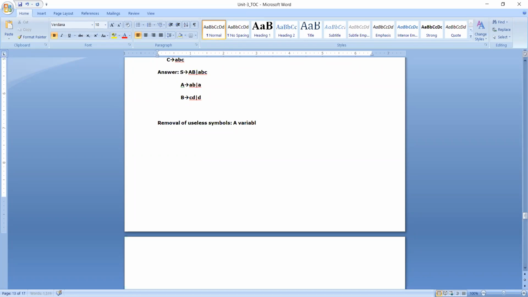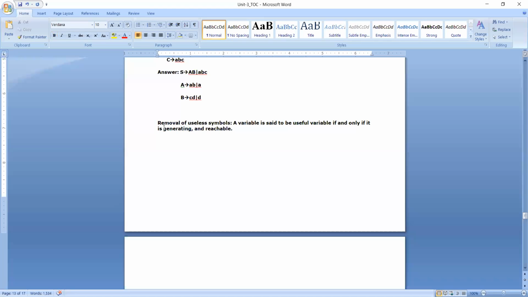A variable is said to be a useful variable if and only if it is generating and reachable.